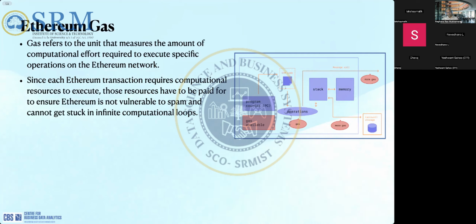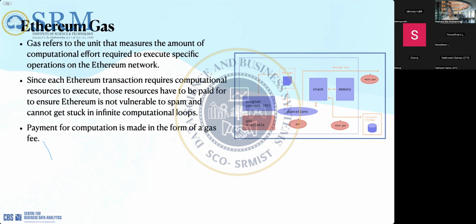Since each Ethereum transaction requires computational resources to execute, those resources have to be paid for to ensure Ethereum is not vulnerable to spam and cannot get stuck in an infinite loop and other kinds of things. So that's why we have this gas, right?